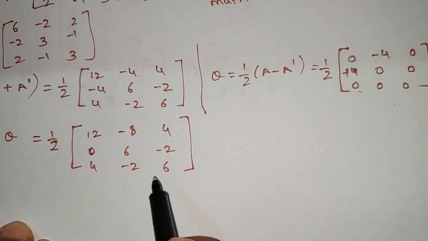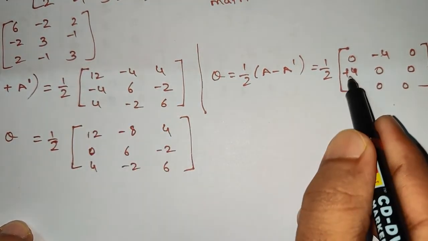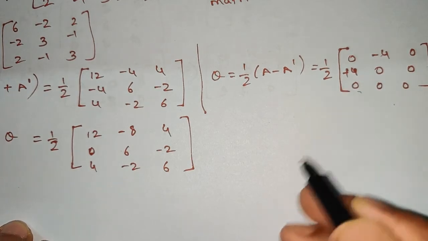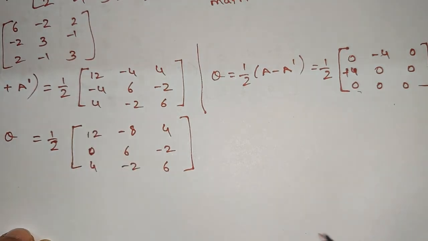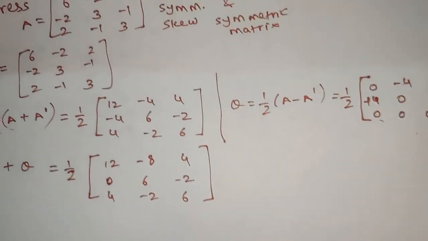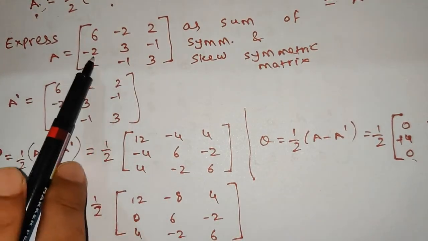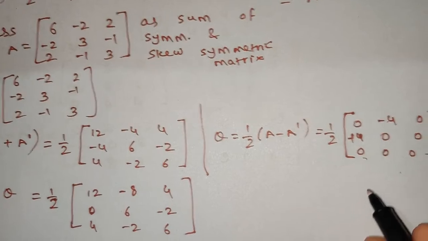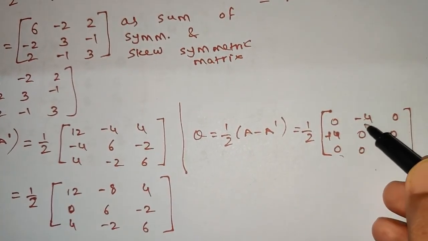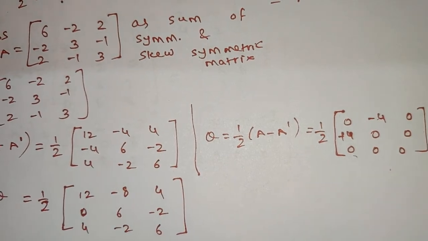Just this element, I think minus 4 plus 4, is somewhat mistaken. Let me check here again what mistake I've made. So A plus A transpose, so minus 4, no, here it's correct. What about here? If there is minus 4, I should be writing 4, yeah, it's correct. Minus 4 plus 4, it's fine.